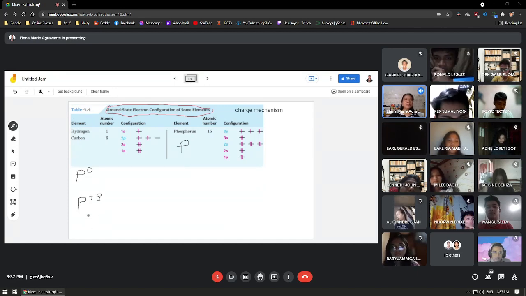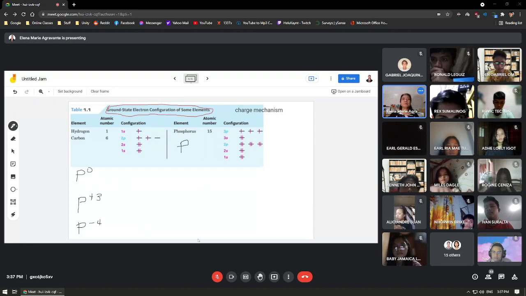You might be asking, how did it become positive 3, when it only has protons? You will answer this later. So that's positively charged phosphorus. And the last one here is P negative 4. Which do you think has the highest number of electrons?